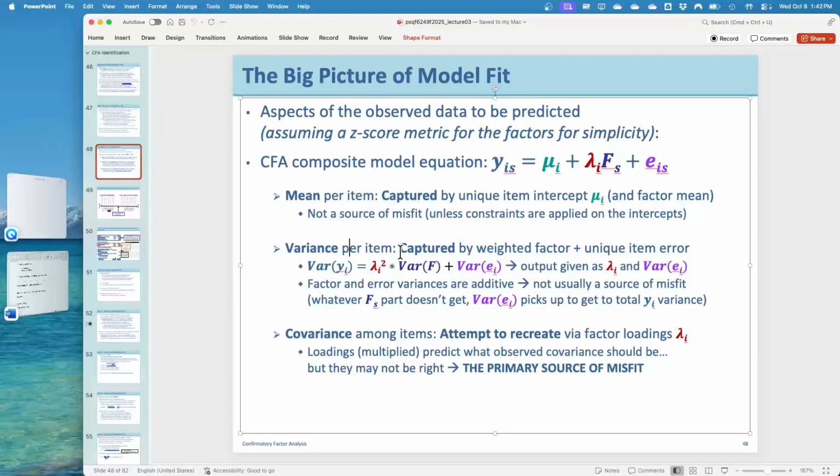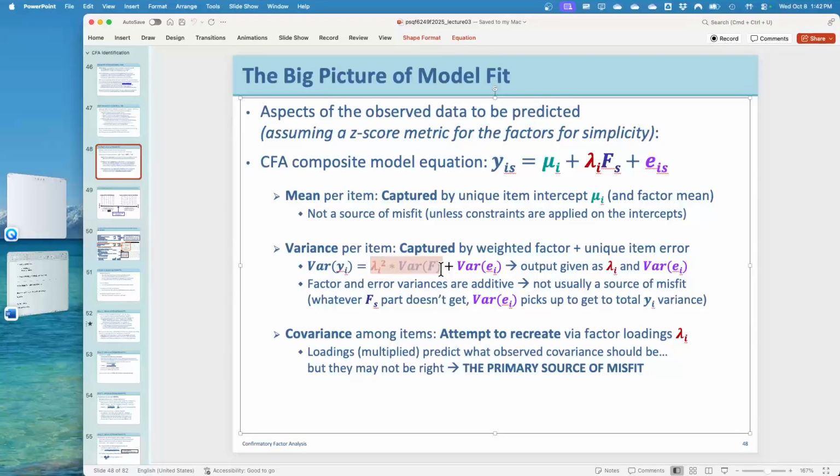Lambda, the factor loading, applies in the covariances, so it shows up in different parts of that matrix. But the unique variance, psi squared, this variance of error right here, is an additive term. So you can think about what the algorithm is doing: it's trying to find lambda, and it's saying, oh, well, here's my variance of y, here's what I thought lambda was, but I've got this term, I can just make up the difference and make it equal.